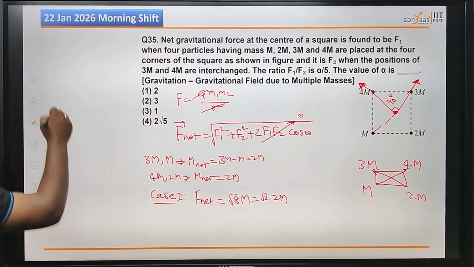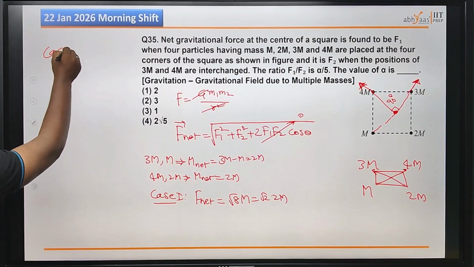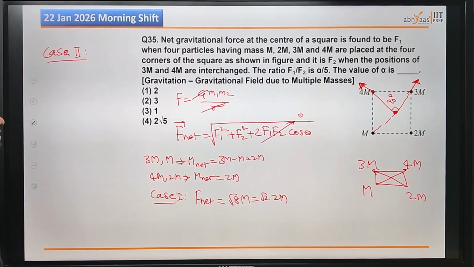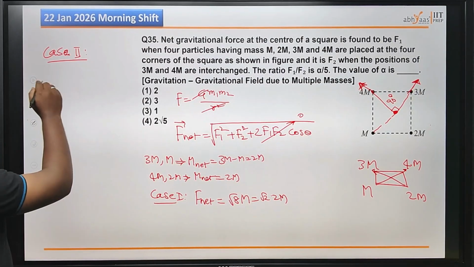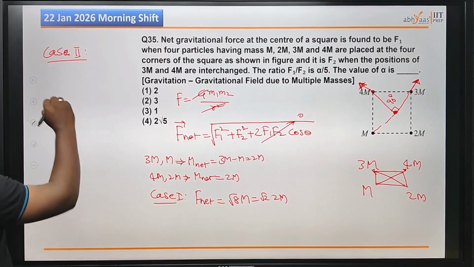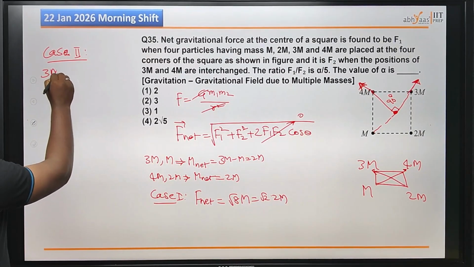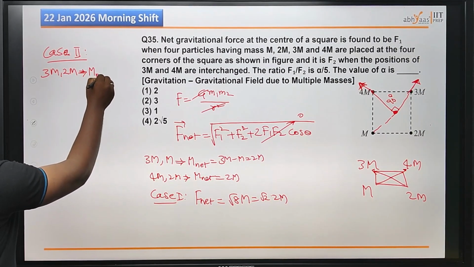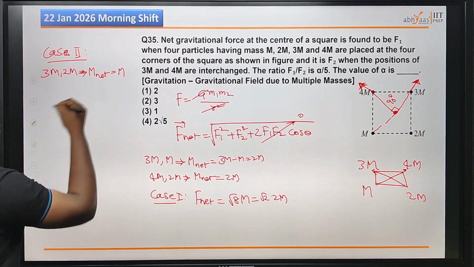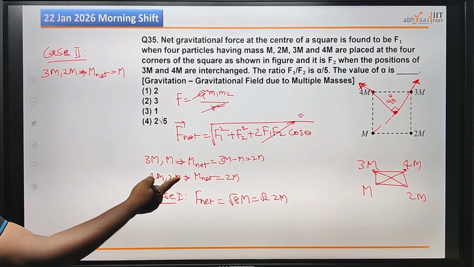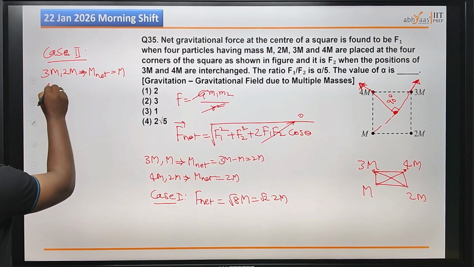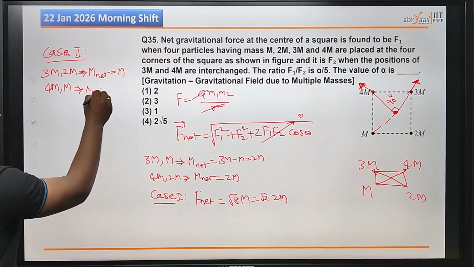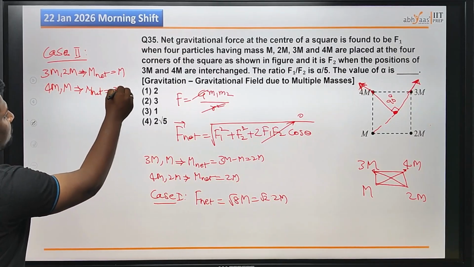So case 2, see here. m net for 3m and 2m can be written as m. For 4m and m, net can be written as 3m.